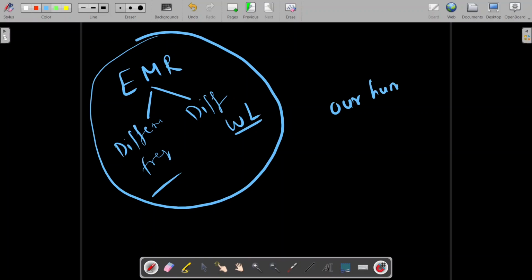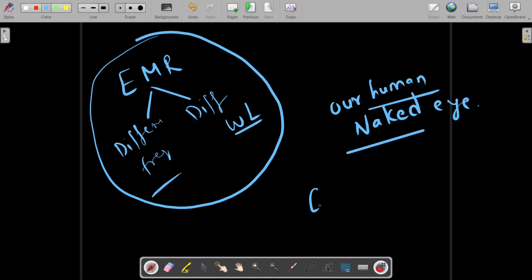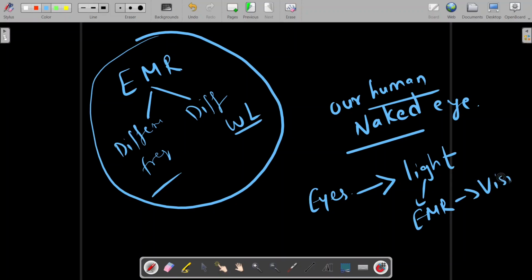Our, meaning the human naked eye, not a cat's eye, or a snake's eye, or a mosquito's eye, or a dog's eye. Okay, human naked eye. Some electromagnetic radiations are detected by our eyes, that is called light. So light is electromagnetic radiation that is visible.